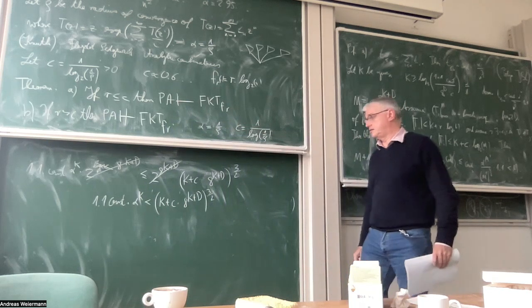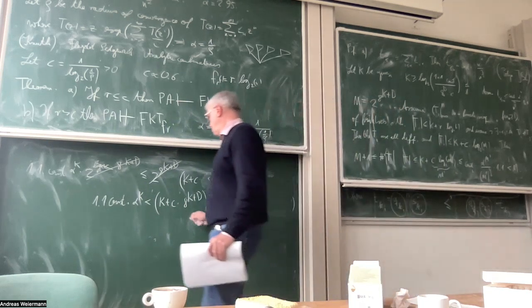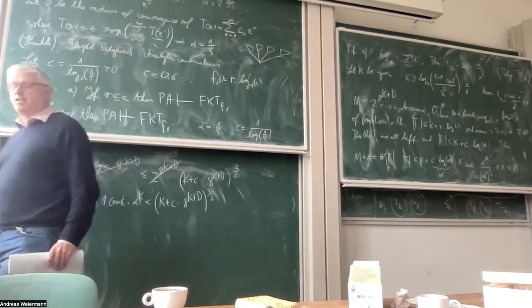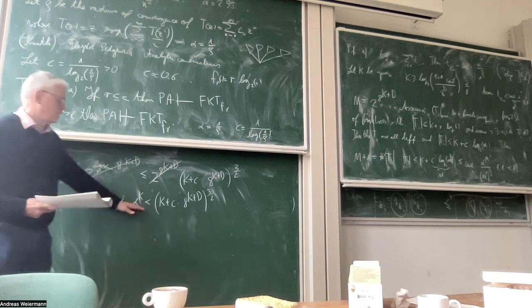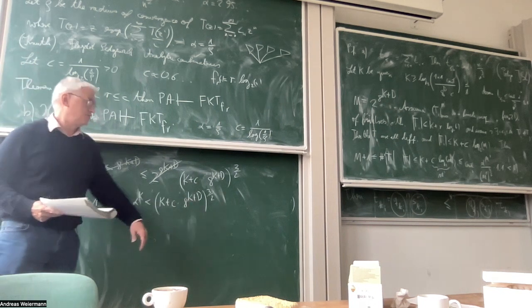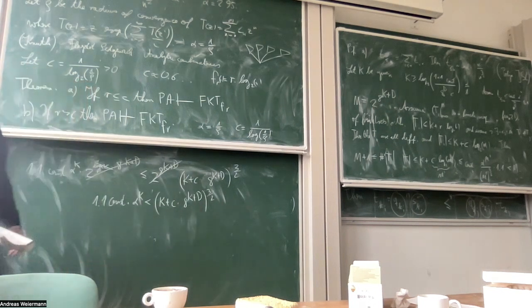But that's correct because alpha is basically bounded by 3, and alpha to the k is bounded by 8 to the k, with another 3 over 2. So you see when you fill out a bit with the details, it turns out to be correct, right? Yeah, that's it.